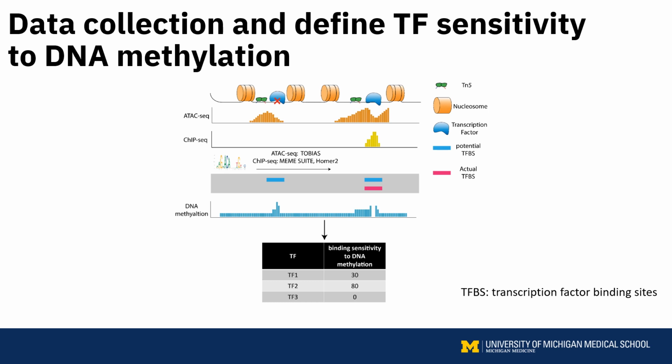We combine this information with whole genome bisulfite sequencing data from the same cell line, and ultimately we calculate a table, as shown at the bottom of the slide, with a weight that represents the binding sensitivity to DNA methylation for each TF.